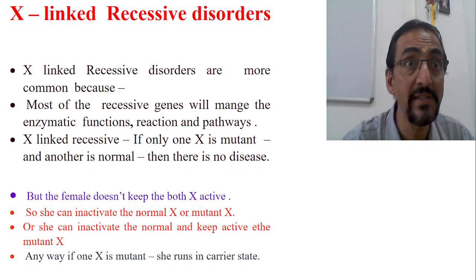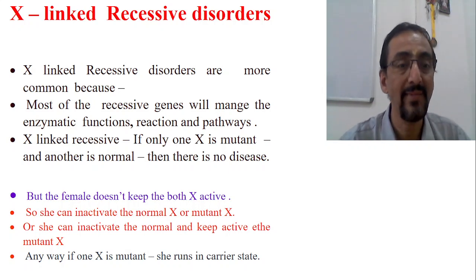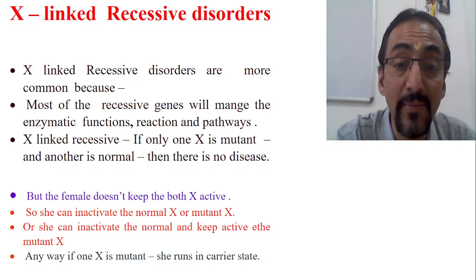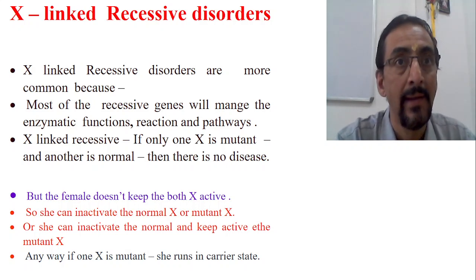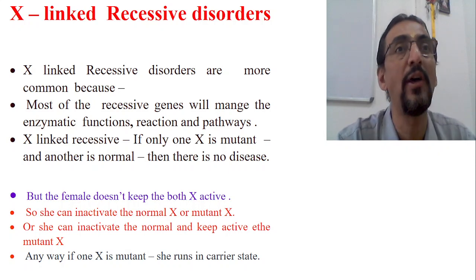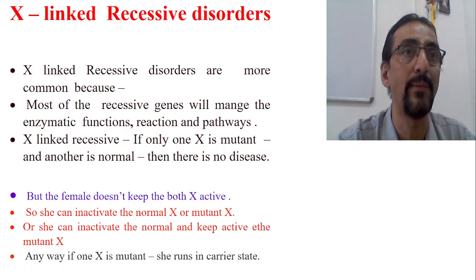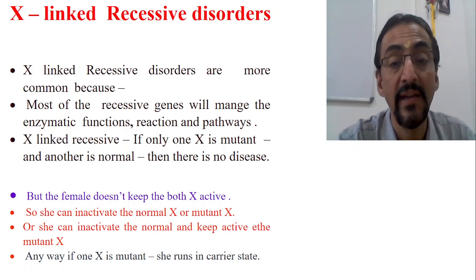So the possibility of the disease is also there. So she can inactivate the normal and keep the mutant active. Anything can happen. Normal may be inactivated or abnormal may be kept active. Both are possible. Anyway, if one X is mutant, she is in a carrier state.